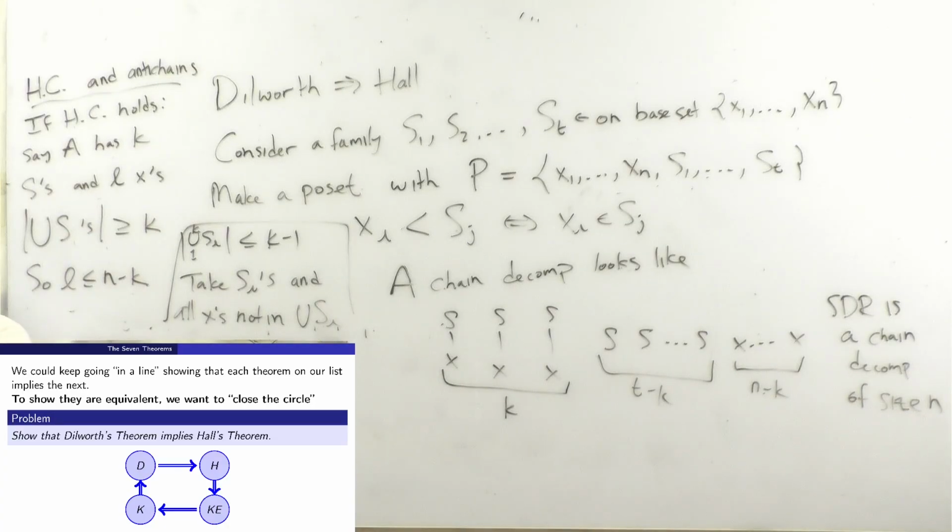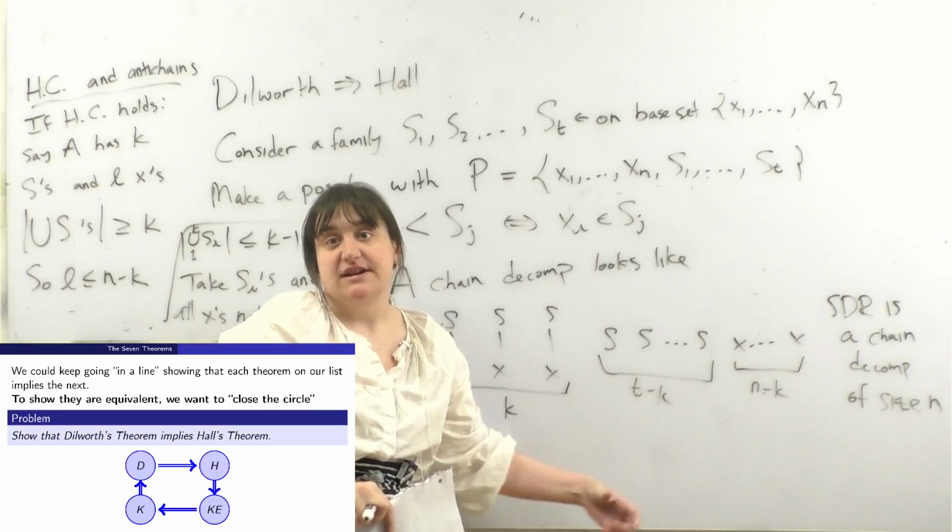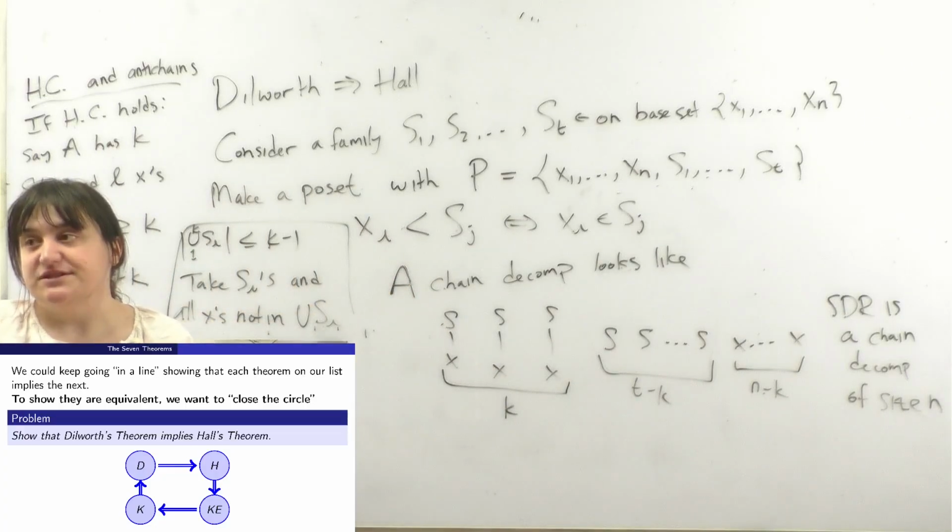So I have k things, and this crosses off strictly fewer than k of my x's, so I can add at least n minus k plus 1 x's, and I get at least n plus 1 elements in my antichain. So I need a bigger chain decomposition of my poset, which means that I have some S's here that don't have x's under them in any chain decomposition.